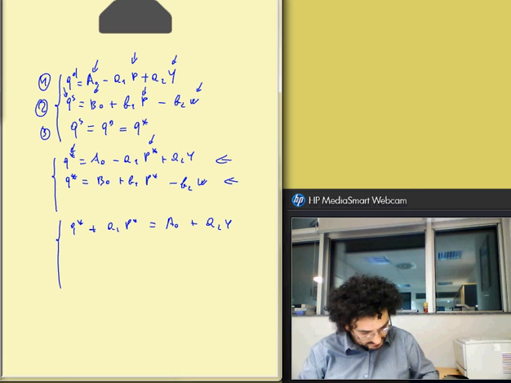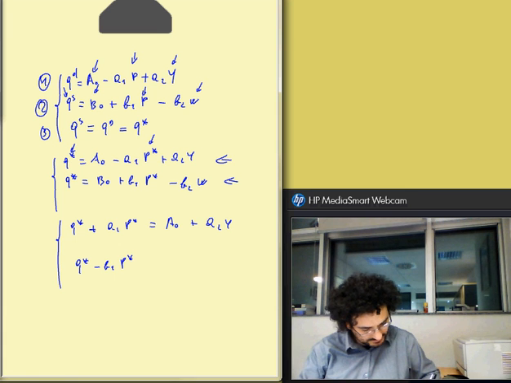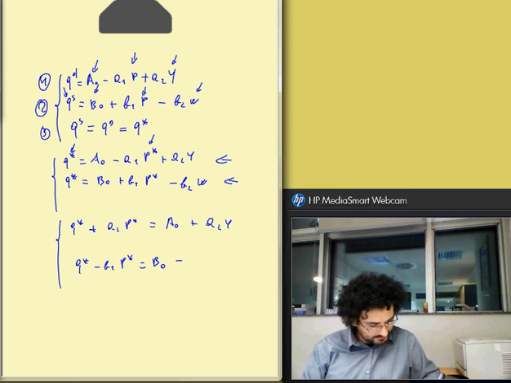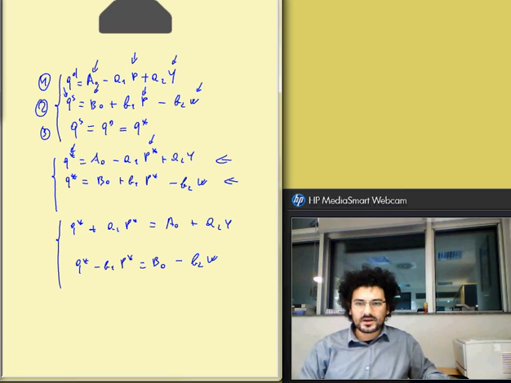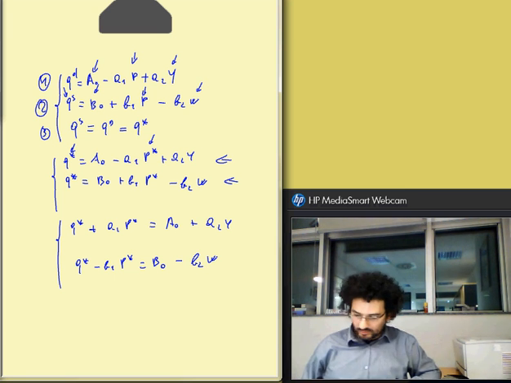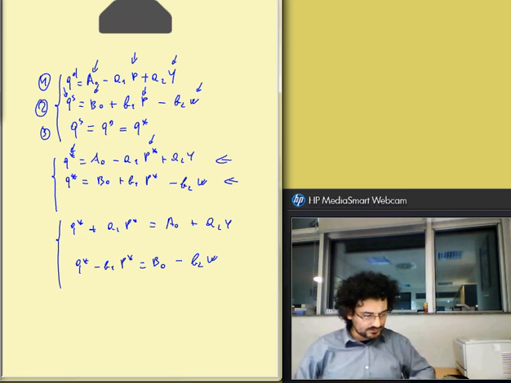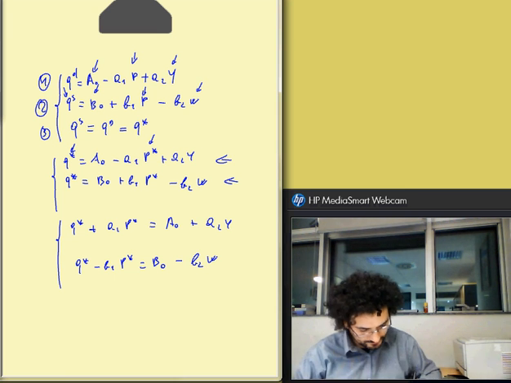Then we have the second equation, Q star minus B1 P star equal to B0 minus B2 W.